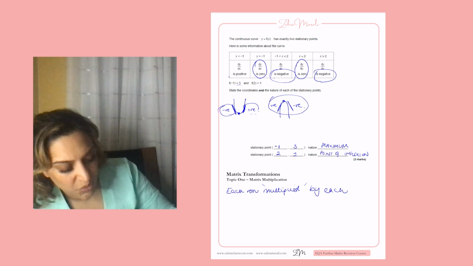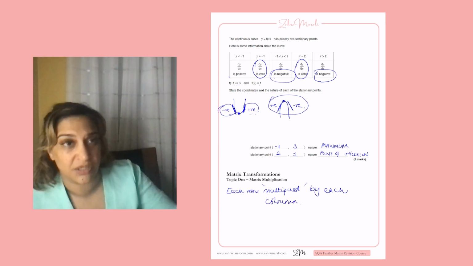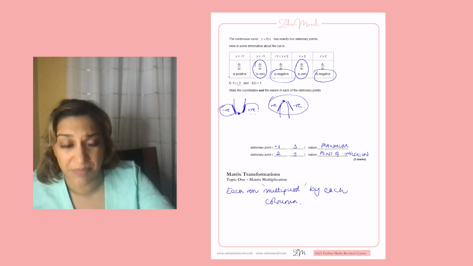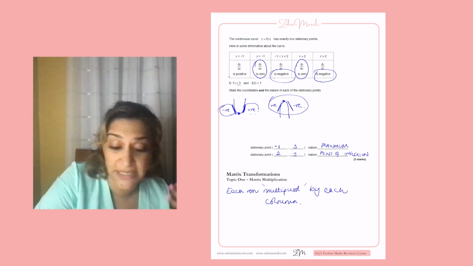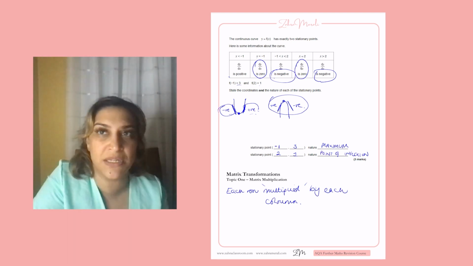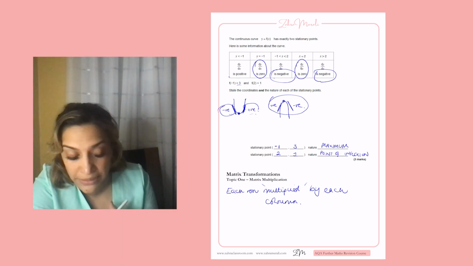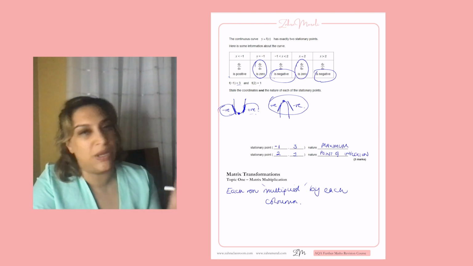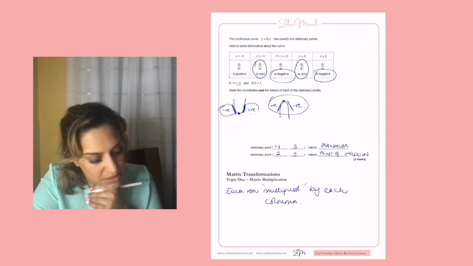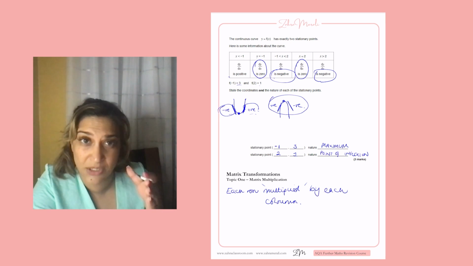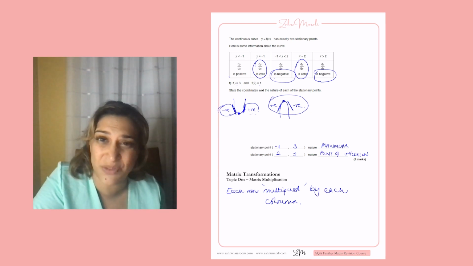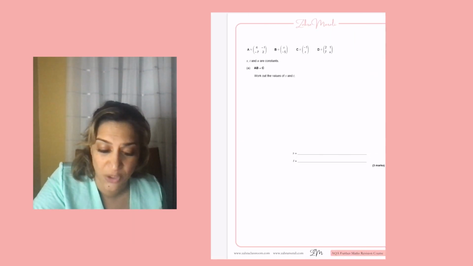Now this will make more sense when we have a look at a question. But also remember that if it's in the calculator paper, which is well after half term, you can use your calculator to multiply them, but they'll be worth a lot less marks.